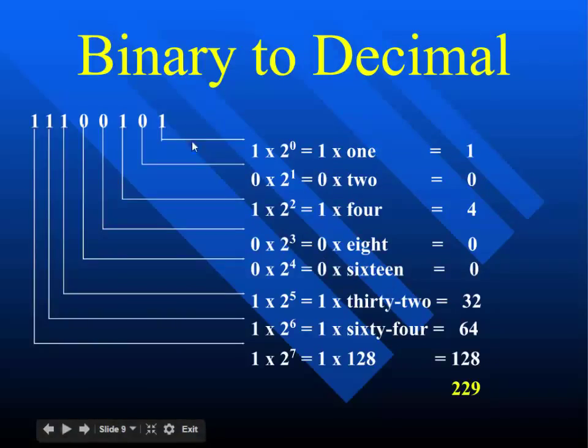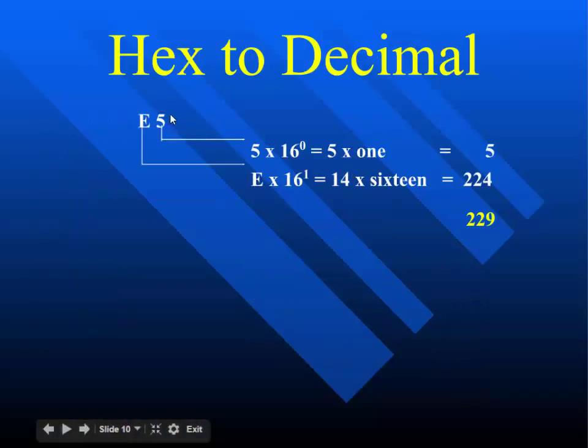Okay, so we take the first pattern, 1110, and we get E. Take the next part, 0101, which is 5, and we write E5. Because all we're doing there is substitution, we didn't have to do any math at all. And now, since we have only 2 digits, we only have to do 2 equations.